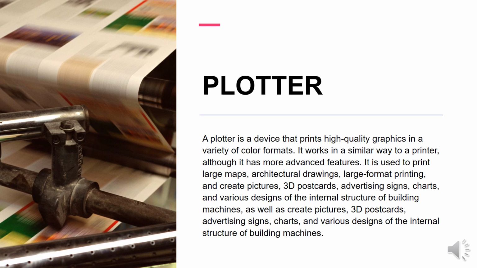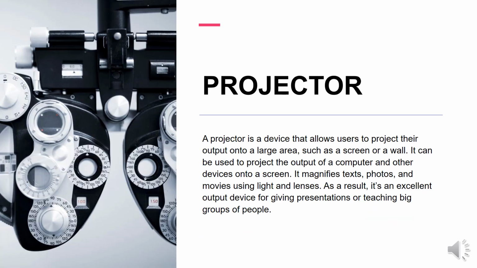Next output device, projector. A projector is an output device, and it is often used in meetings for presentations. Projectors are optical devices which present an image or moving images onto a projection screen.